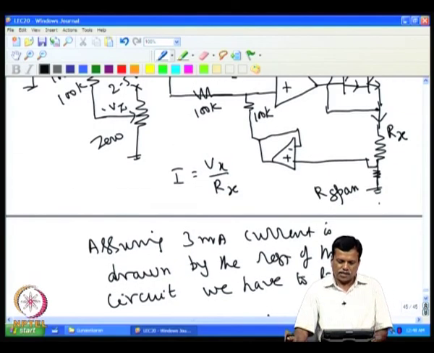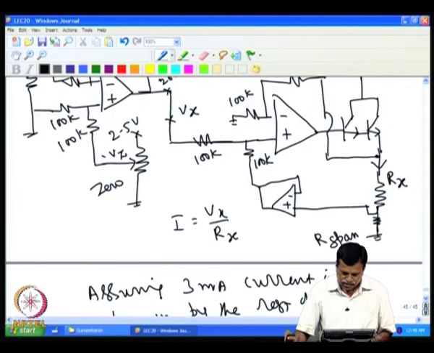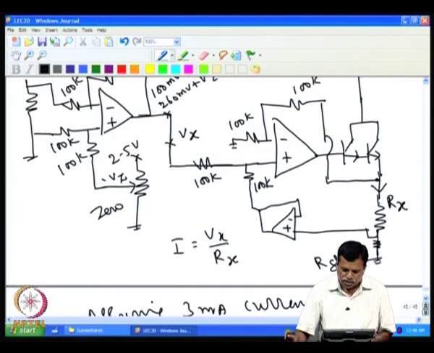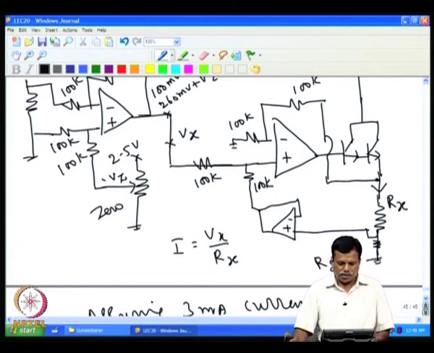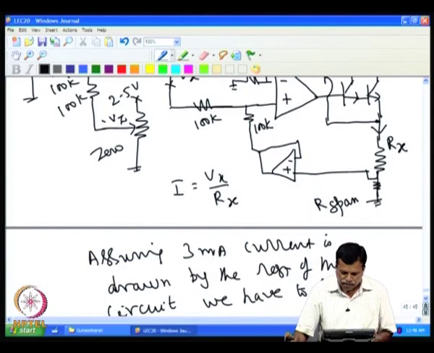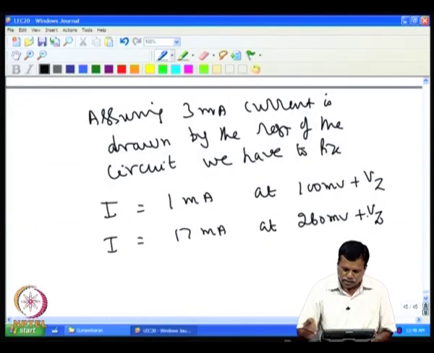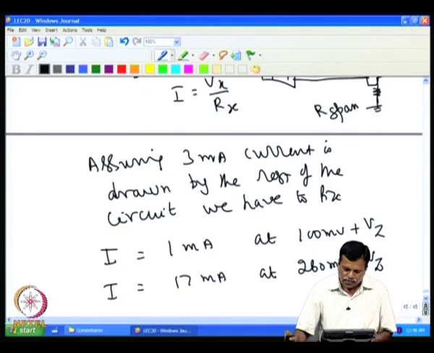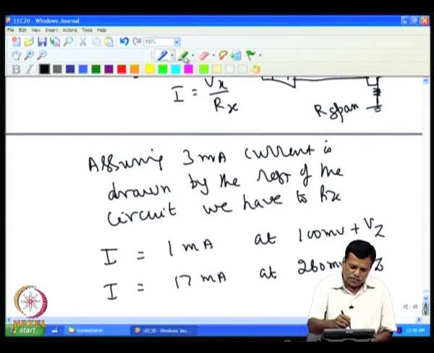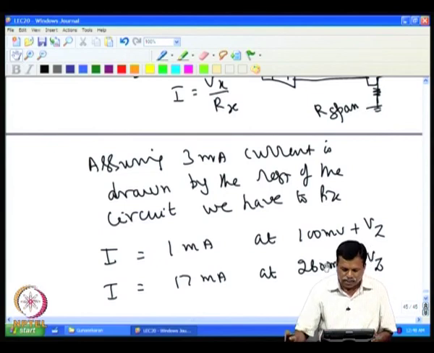So, we have to arrive at this voltage, and we have to carefully select the biasing arrangement, because now the current is given by 100 millivolt divided by Rx. This current has to vary 1:17, whereas this voltage is varying only by 1:2 or 3.